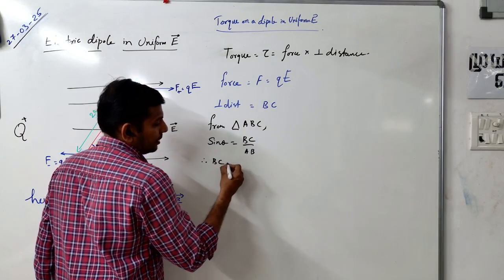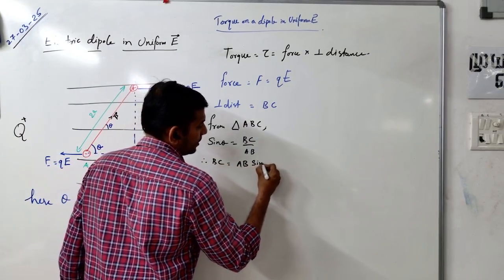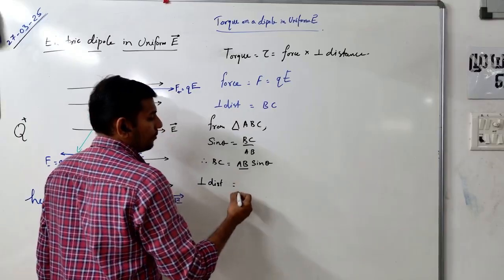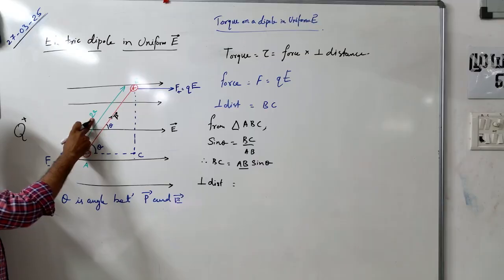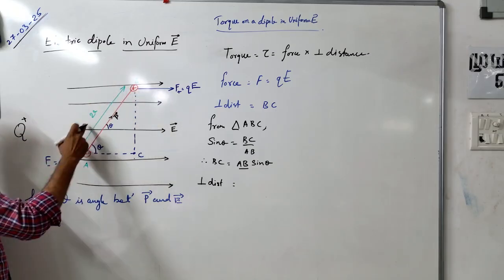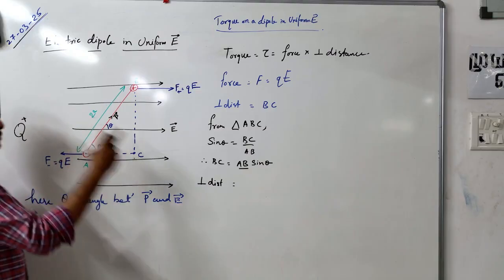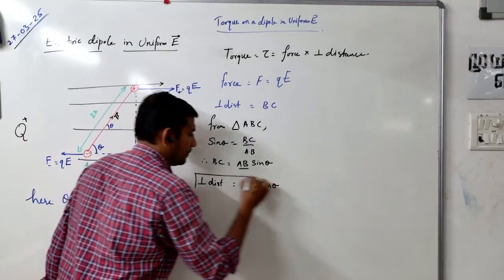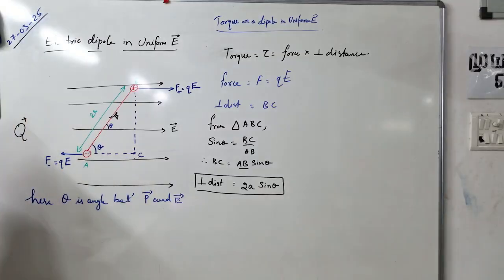Therefore, BC is equal to AB sin theta. Therefore, the perpendicular distance is equal to, what is AB? AB is equal to 2A, the length of the dipole. So here I can write 2A sin theta. Noted? Copy it. Can we proceed?